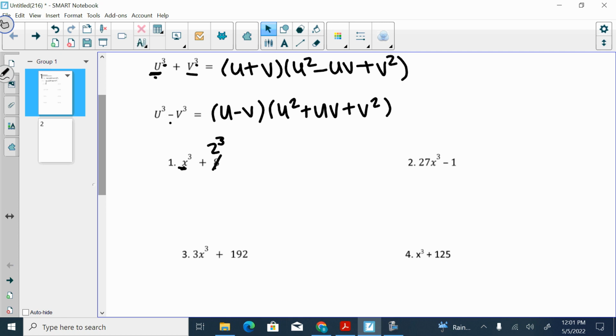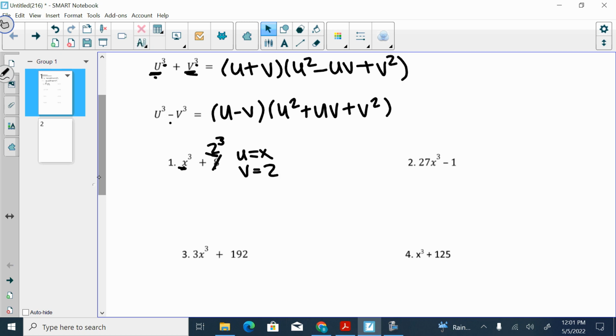What's our first term? x. So our u is x. And v is supposed to be the second term. What's our v? Just 2. x is in the same spot as u, and 2 is in the same spot as v.